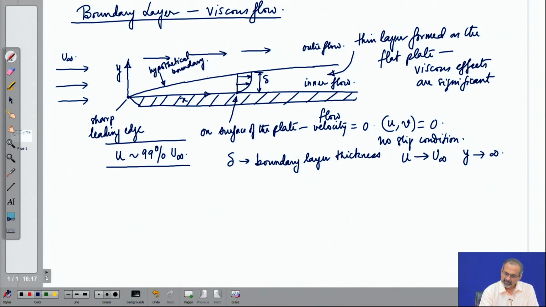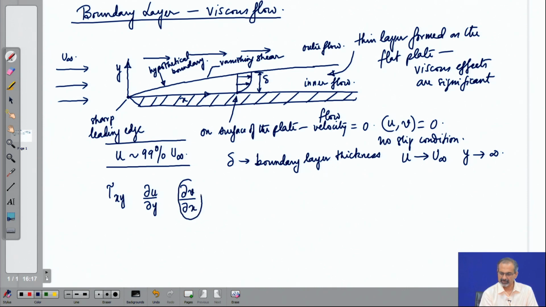Now, it is obvious that by the time we reach the boundary, we have the condition of vanishing shear. Why vanishing shear? Because tau xy is the shear stress in this plane, which is of importance, and that is dependent on two terms. One is del u del y, another is del v del x.